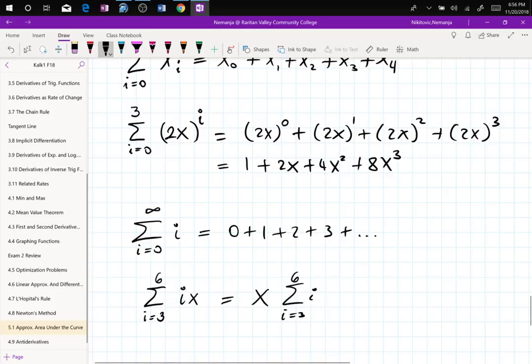Just like when you use the limit as h goes to 0 for derivatives, you can kick x out because h is the variable in the eyes of the limit, and x was just a constant in the eyes of the limit. So the same thing goes here. This x can go in, x can go out. The time when x can't move is if you have x to the i or x sub i or something like that. Then you can't, because obviously i operates on that x, and they're working together. But in this case, you could do it.